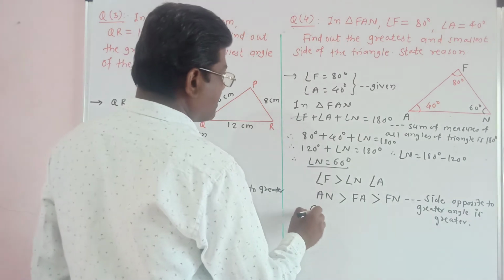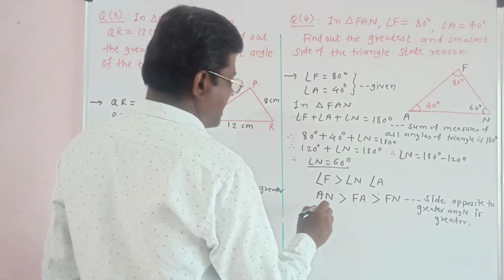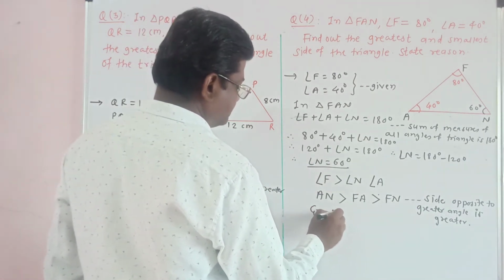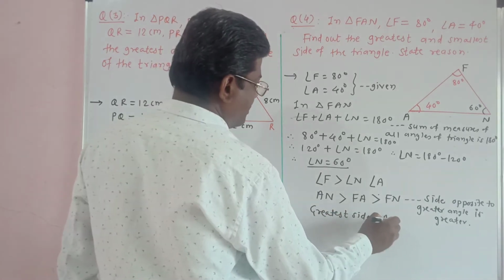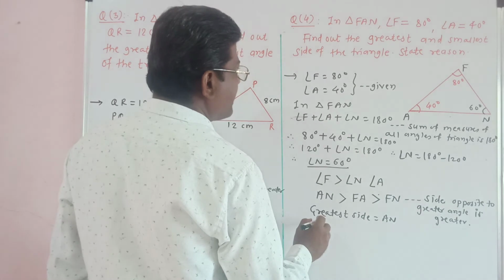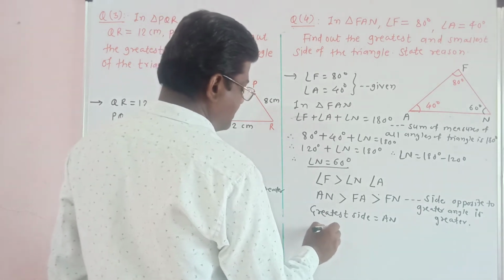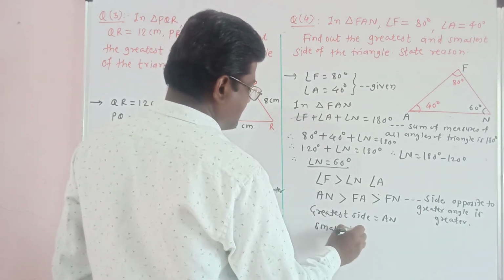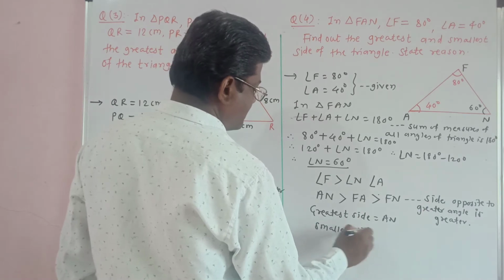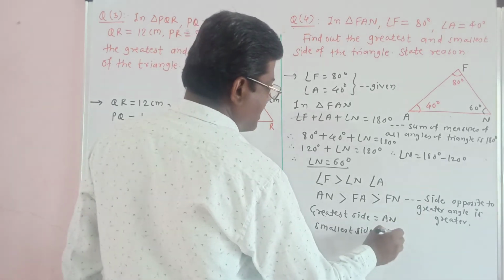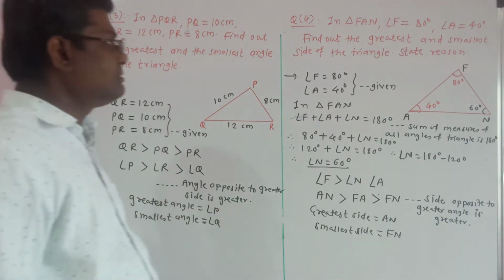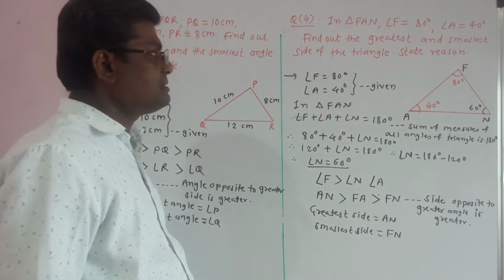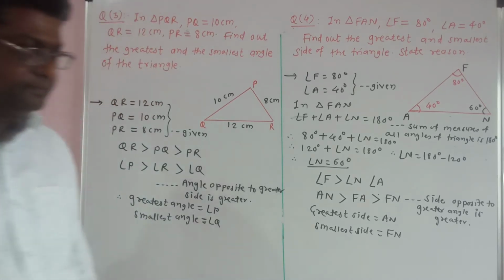Therefore, the greatest side is equal to AN and the smallest side is equal to FN. So the greatest side is AN and the smallest side is FN.